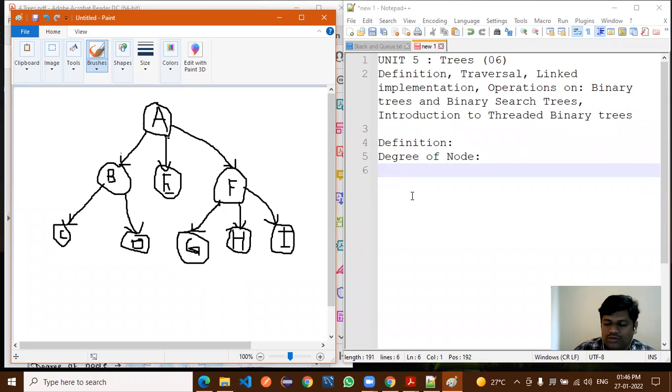Is it visible to all? 9 nodes: A, B, C, D, E, F, G, H, I.